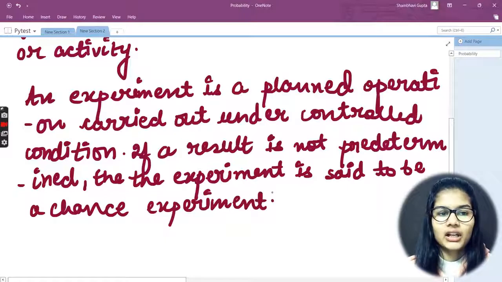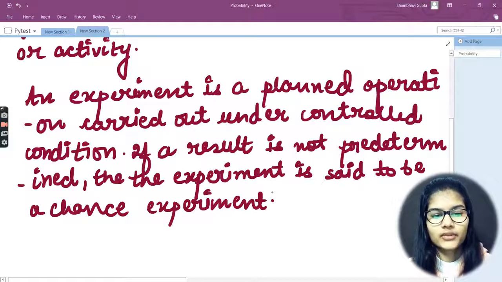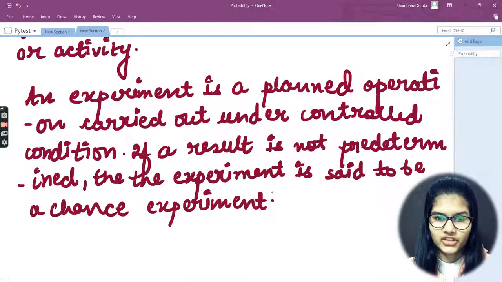So if there's an experiment and it is not predetermined, then the experiment is said to be a chance experiment. An example would be flipping a fair coin twice. Flipping a fair coin twice is an example of an experiment.